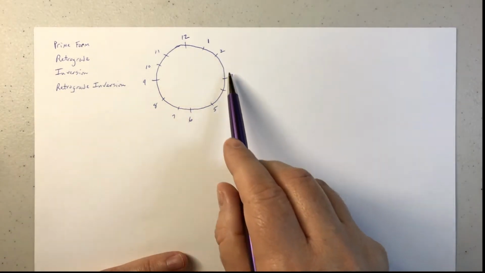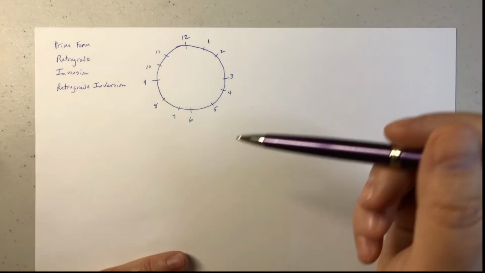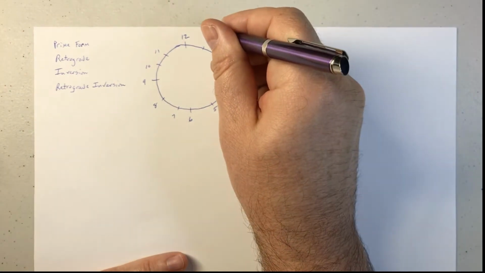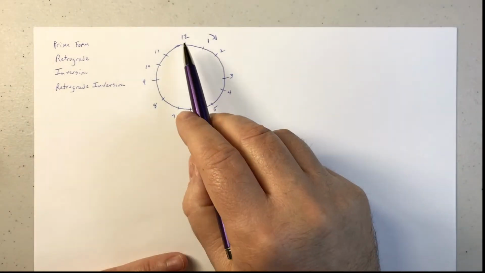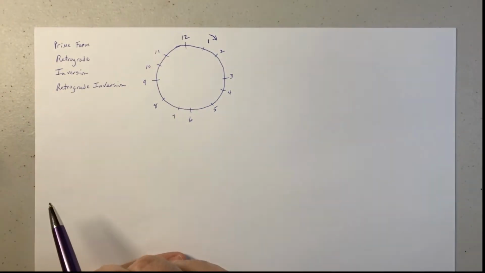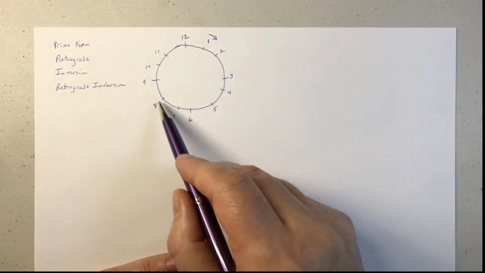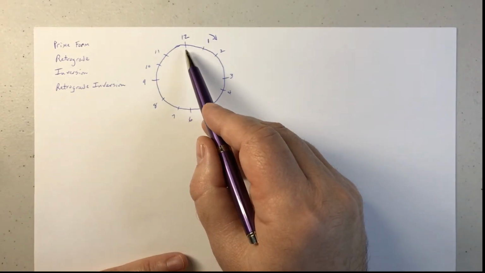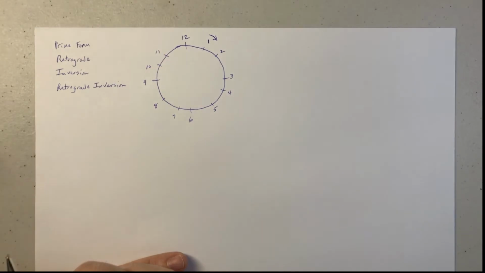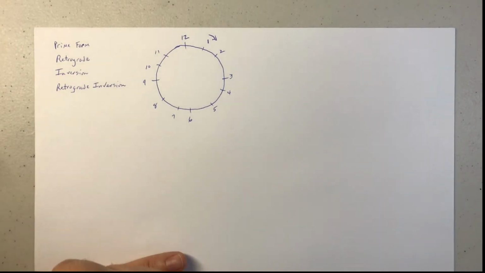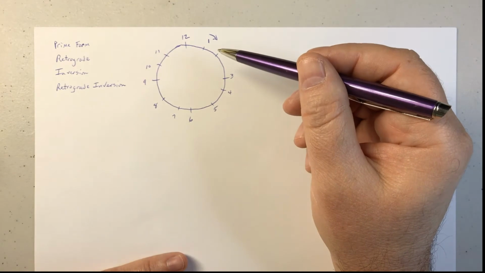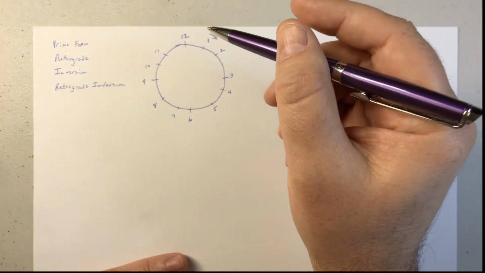If we think about the notes on a clock face, we could think about the prime form as being the clockwise version of the notes, in which they would move through all 12 pitch classes, and then we would have to start over again with the same pitches because there's only 12 options, because enharmonics, remember, don't matter. We could assign every pitch a number and we would end up with 12 pitch classes.